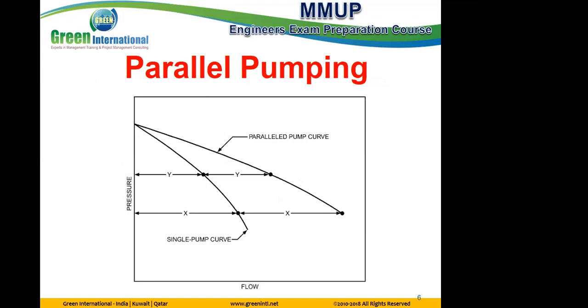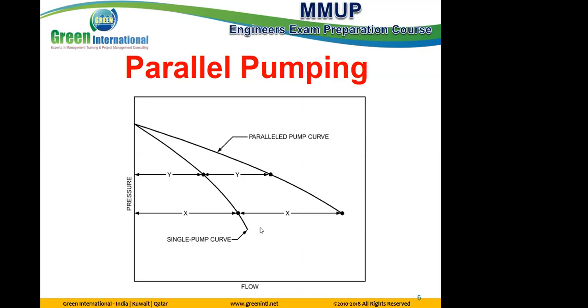For parallel pumping, for example, what happens? This single pump, the first curve is this one, single pump. If you check the point here, we find this distance is x. And if we go to another point for another selection, we find this y. But when we use the parallel pump curve, pump and pump in parallel, what happens?